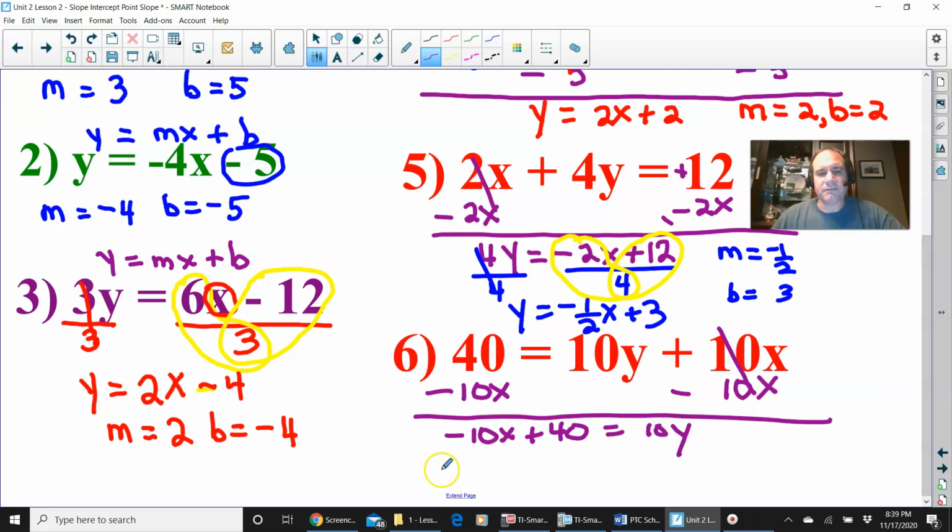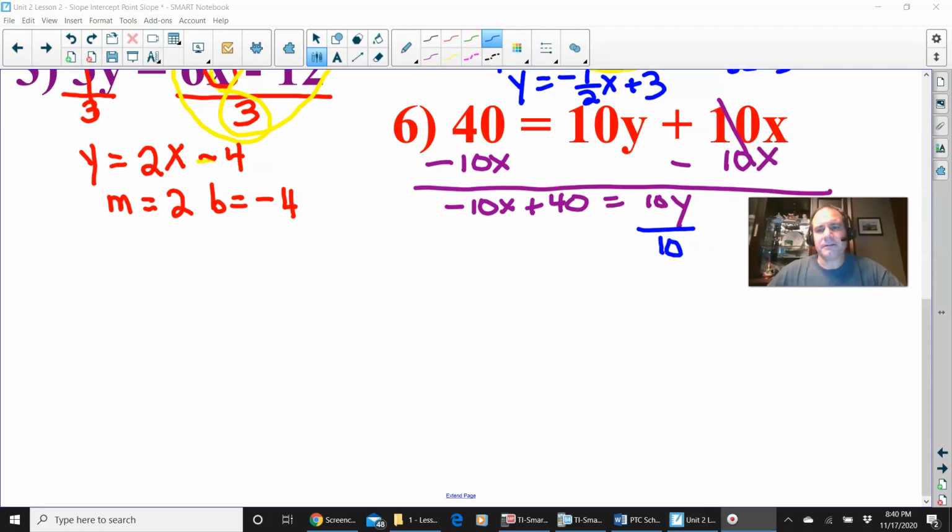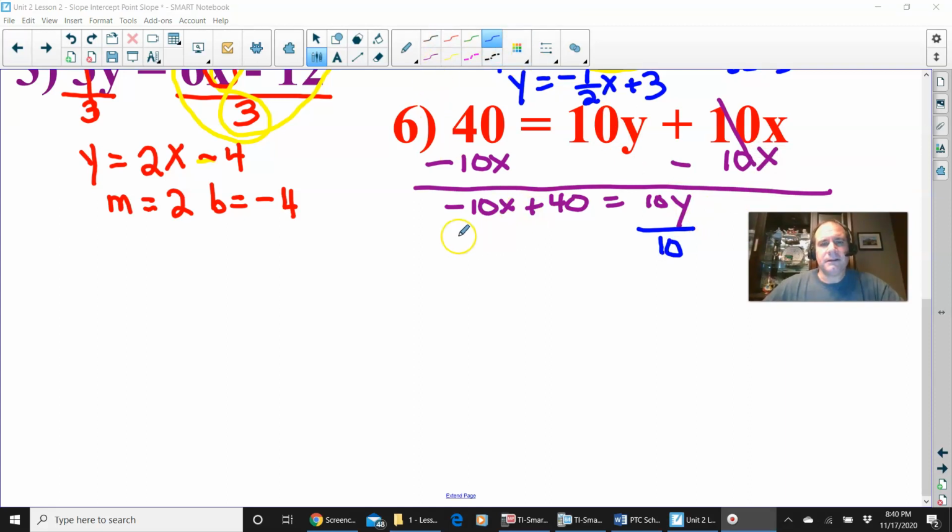I'm just switching it around because I want it to be y equals mx plus b. All right, so the last step is to divide by 10. This cancels, the y comes down. That's what we wanted, y equals mx plus b.